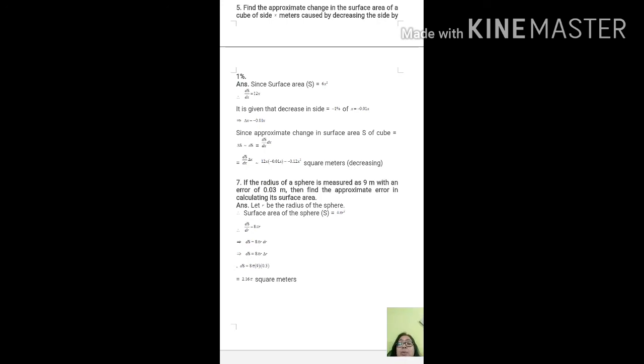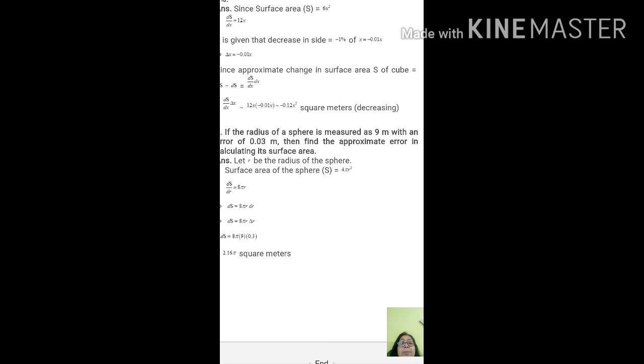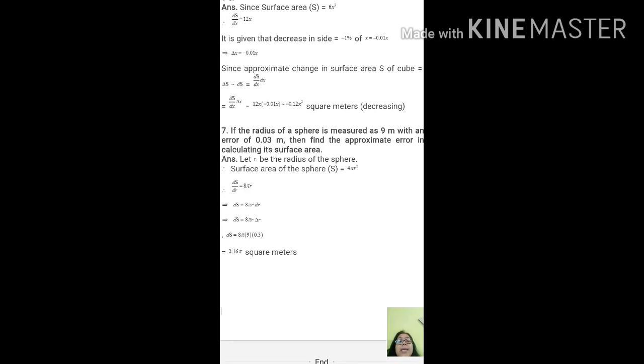Then ds by dr, derivative with respect to r, we get 8 pi r. So delta s we can write as 8 pi r into delta r or dr. Delta r is known to us, that is 0.03. So delta s will be 8 pi into radius 9 meter into 0.03. So 2.16 pi square meter.